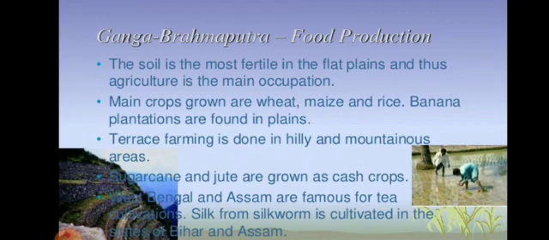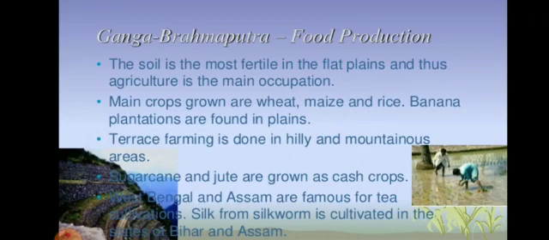They flood, and they distribute the fertile alluvial soil in this region. So the soil is very fertile, which supports major crops like wheat, rice, maize, bamboo, banana. These are the major crops of this region.